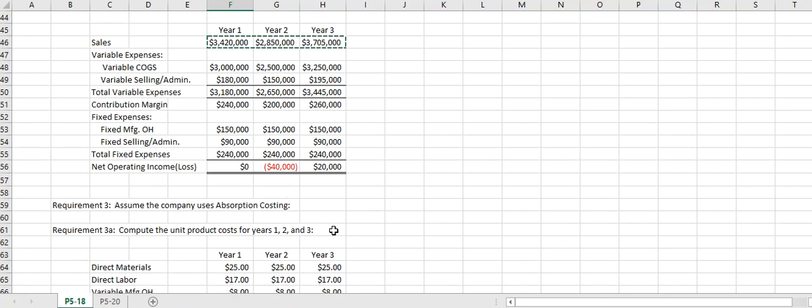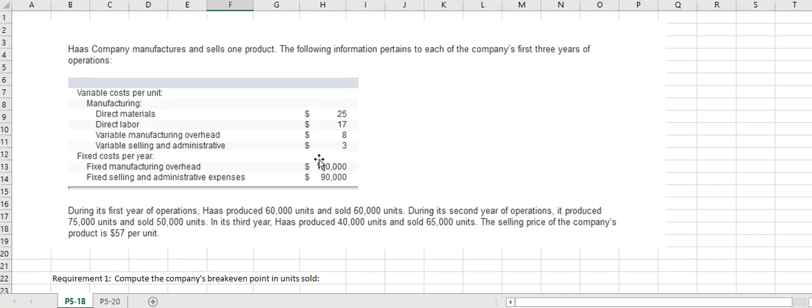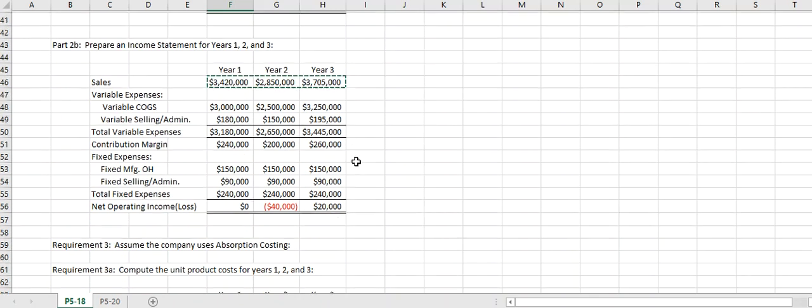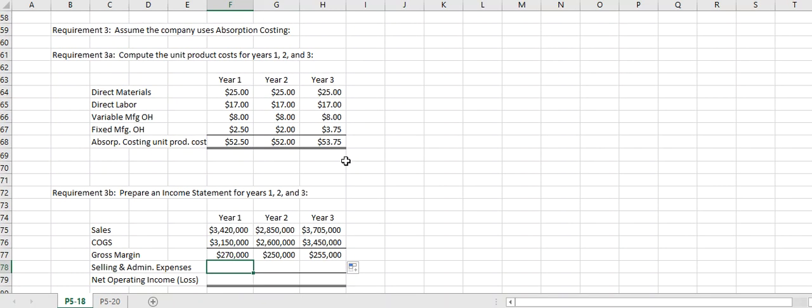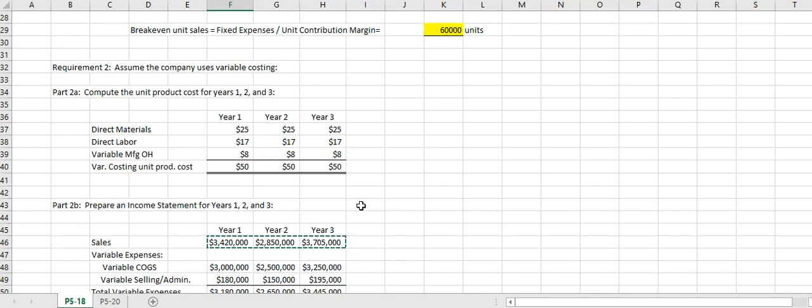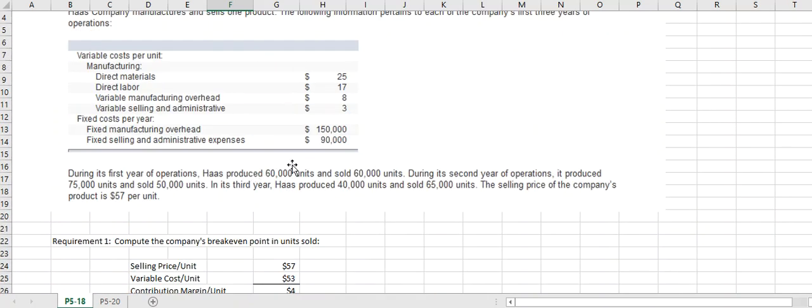All right. So let me go back to our selling and administrative expenses. We're looking at our variable selling and administrative expenses, which is $3 each. And we also have $90,000 in fixed selling and administrative expenses. So we're going to include that $90,000 in this calculation.